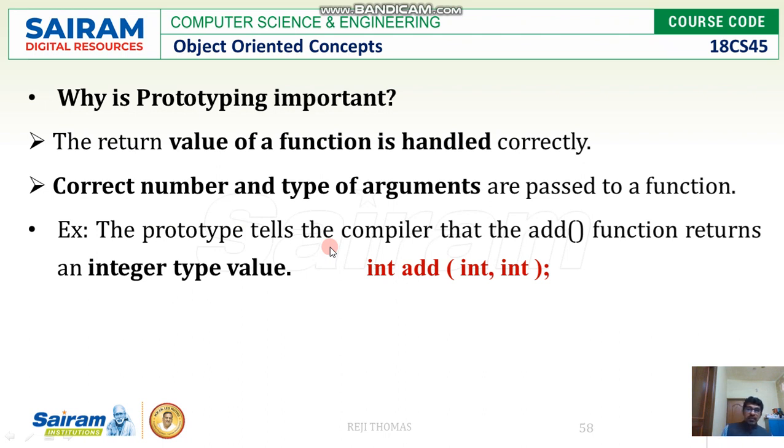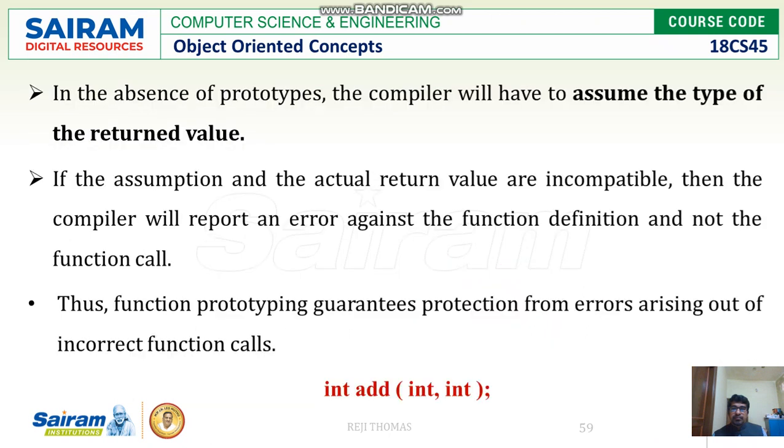Next, we look at what tells you what kind of value your function is going to return. It's clear from this function prototype. If I call this function called add, it is going to return an integer value. So what happens if there is no prototype? Your compiler has to assume everything, and sometimes the assumption and the actual value are incompatible.